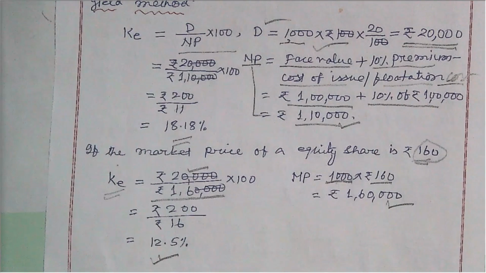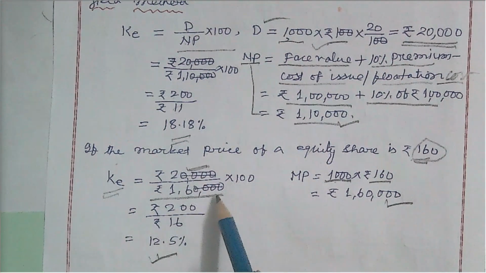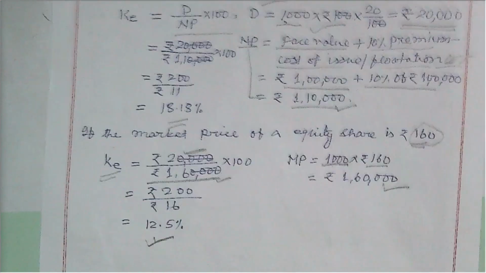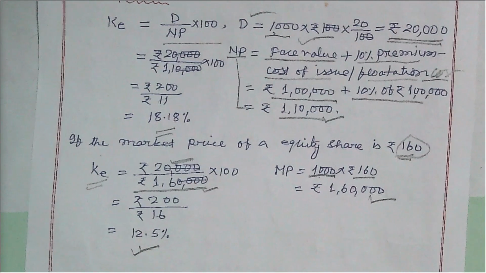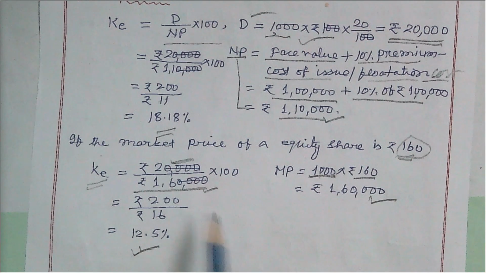Alright, now this is by taking the whole amount of dividend and the whole value of shares. Now if you take the value of one share and the dividend on one share, it will be calculated in this manner.